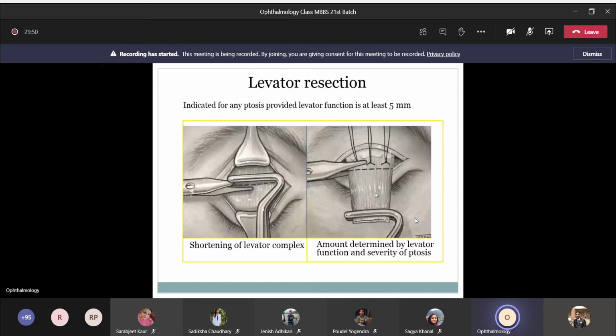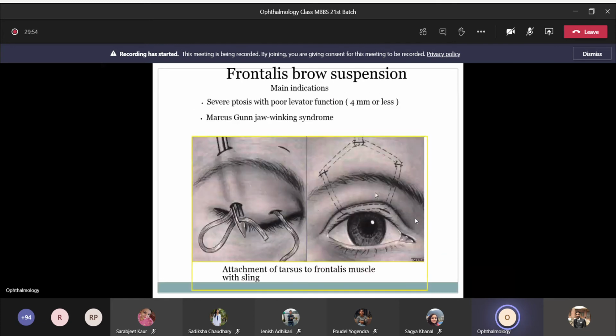Frontalis brow suspension is indicated in case of severe ptosis with poor levator function, which is 4 mm or less than that. And also in Marcus Gunn jaw-winking syndrome, this is the treatment of choice. So you don't need the surgical steps in detail, but you should know at least the name of surgery that is done for ptosis, okay?